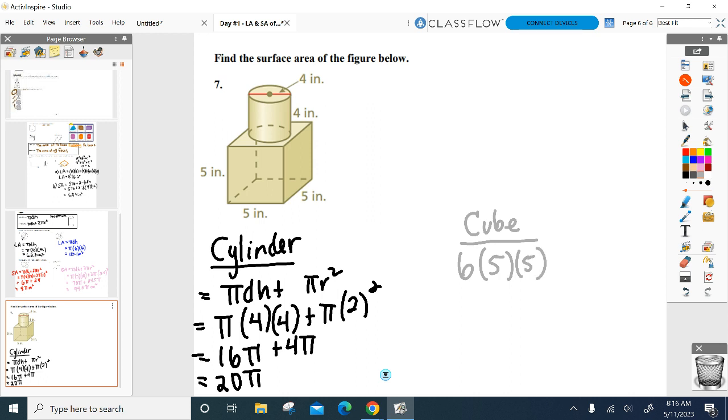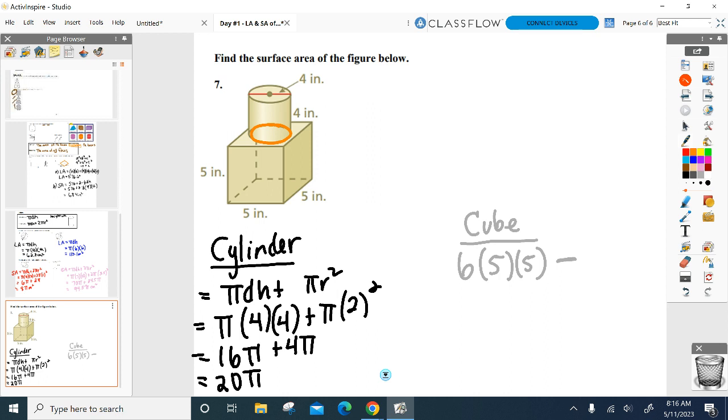But I hate to break it to you, not all 6 are showing. Full faces are showing, 5 of them are, right? So what am I going to have to subtract out here that's being covered up? Everyone see the face that's part of it being covered up right here? What is that figure? That's a circle, right?